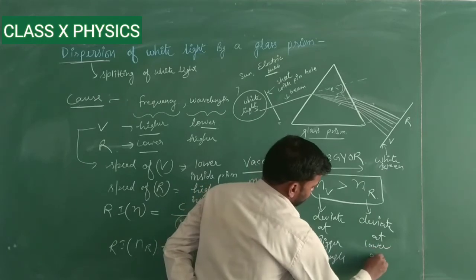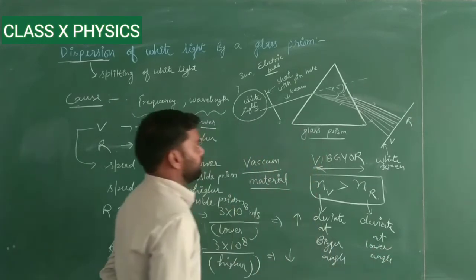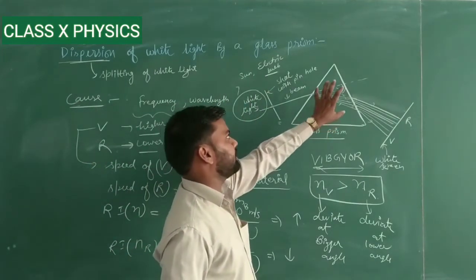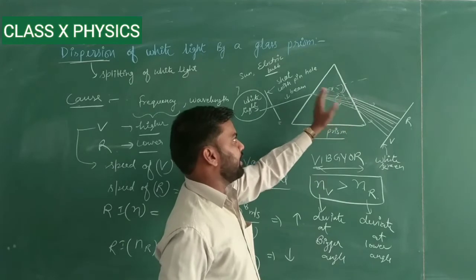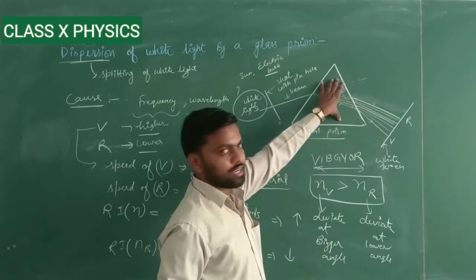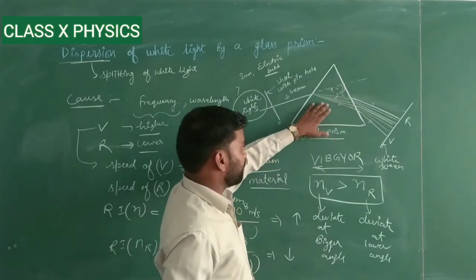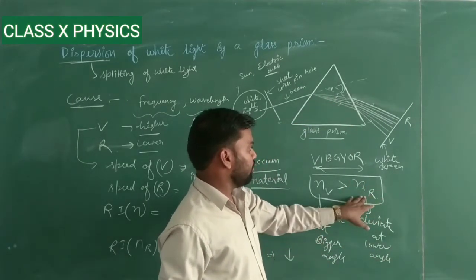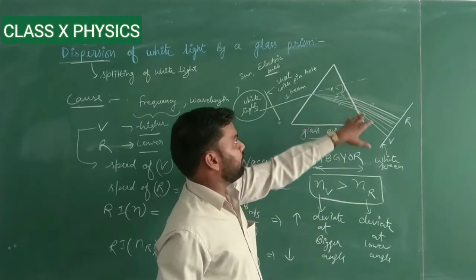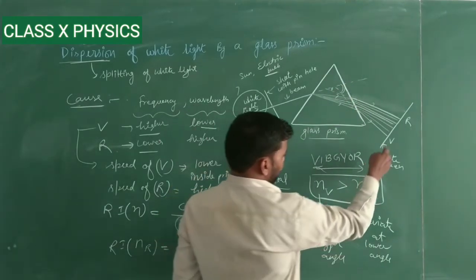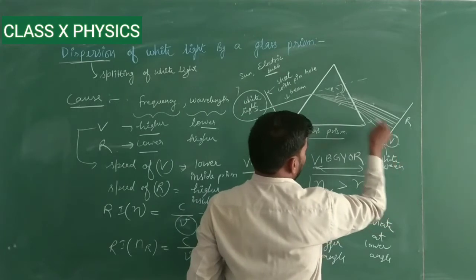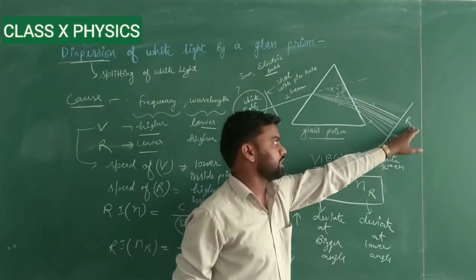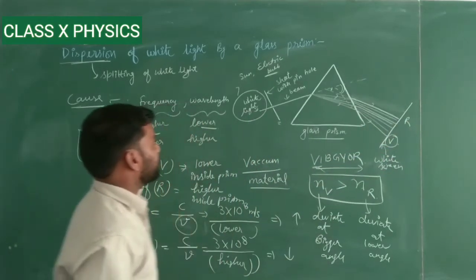So we can see clearly that if the refractive index of a certain light inside the prism is higher, it will cover a higher angle, and if it is lower, it will cover a lower angle, that is the angle of deviation. That is why the violet color has the higher deviation and the red color has the lower deviation, which is happening here.